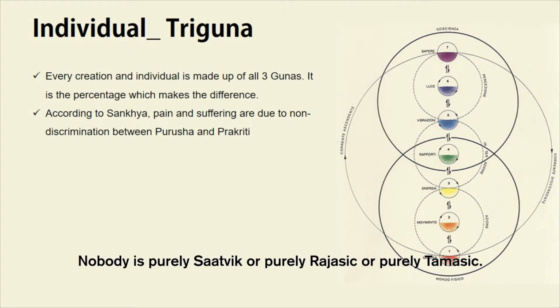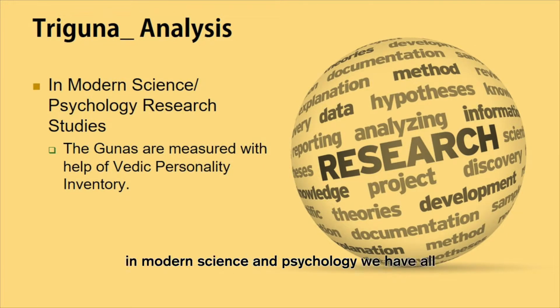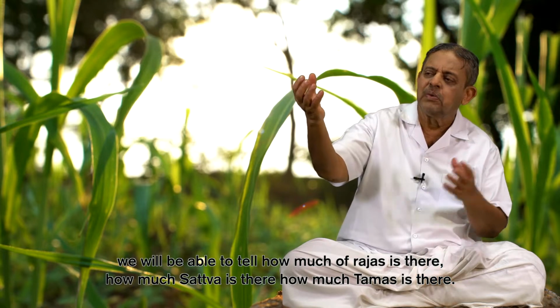Nobody is purely Sattvic or purely Rajasic or purely Tamasic. We all have all the three Gunas, but there could be different percentages of that. Fortunately today, in modern science and psychology, we have got the methods by which you can measure, and with a suitable inventory, called the Vedic personality inventory, we will be able to tell how much of Rajas is there, how much Sattva is there, how much Tamas is there.